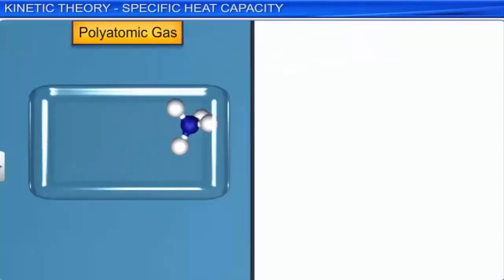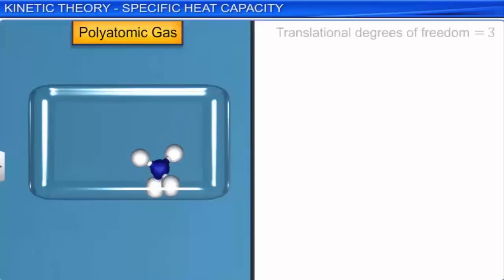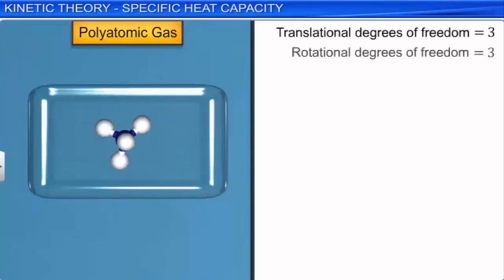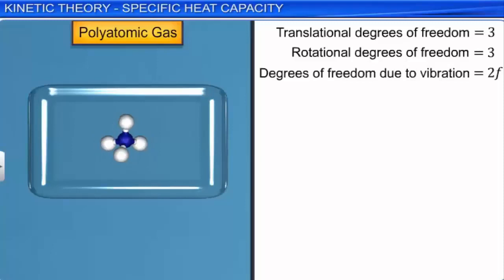In the case of polyatomic gases, the molecule has 3 translational degrees of freedom and 3 rotational degrees of freedom, since the molecule can move in space in 3 dimensions and can rotate about the 3 axes of rotation. And the molecule has a certain number, 2f, of vibrational degrees of freedom for f modes of vibrational motion.